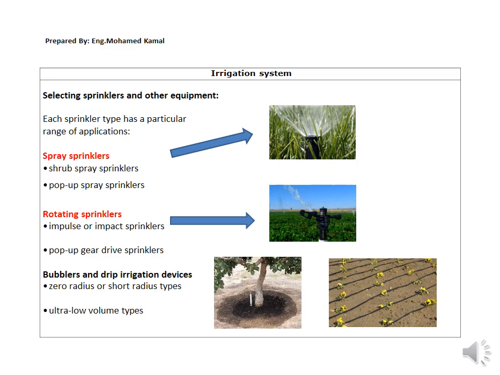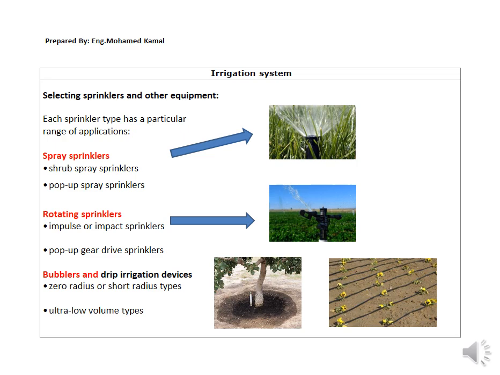So for the same area, you will use a lower number of rotating sprinklers with respect to spray sprinklers. However, we will discuss later that the flow rate and pressure requirements for the rotating sprinkler are higher than the requirements of the spray sprinkler.